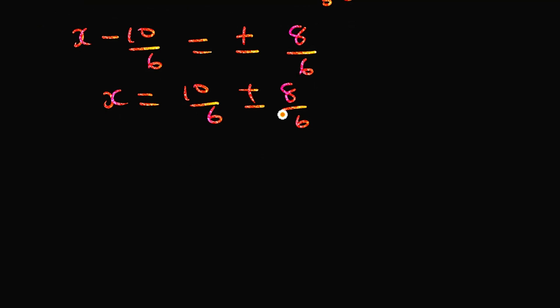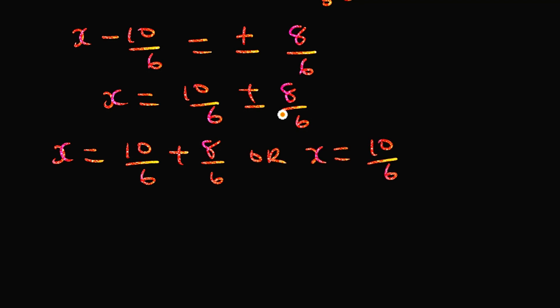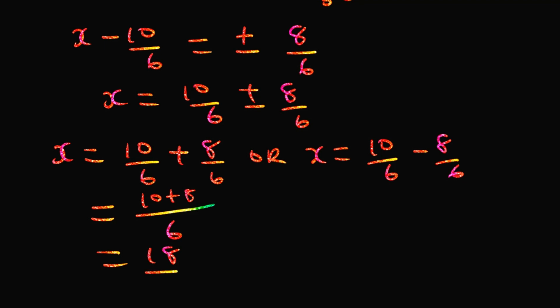One we see when we take the positive sign. So it means x is equal to 10 over 6 plus 8 over 6, or x is equal to 10 over 6 minus 8 over 6. If we take the first case, then we are going to have 6, and then in the numerator we have 10 plus 8, so that is 18 over 6, which is equal to 3.